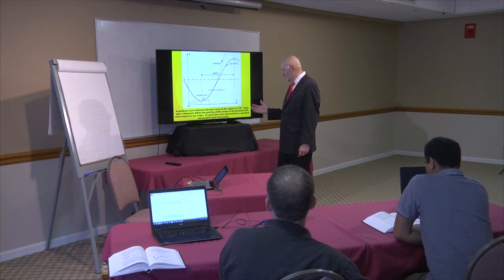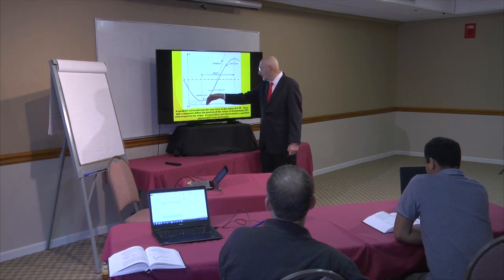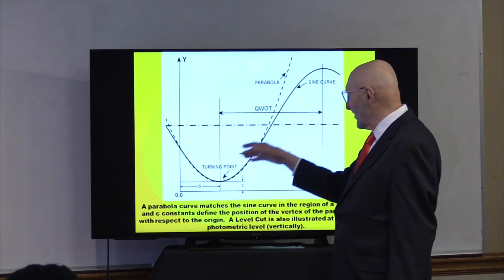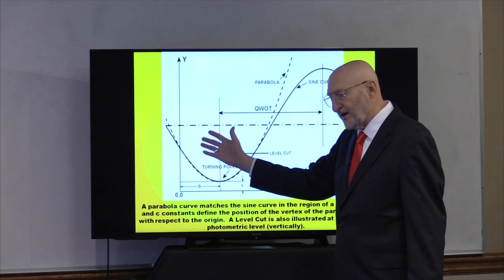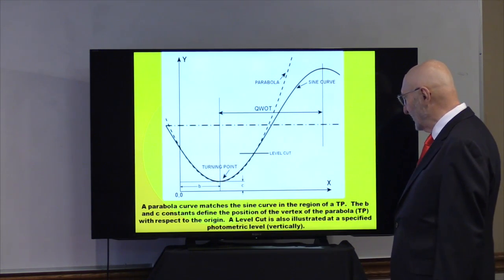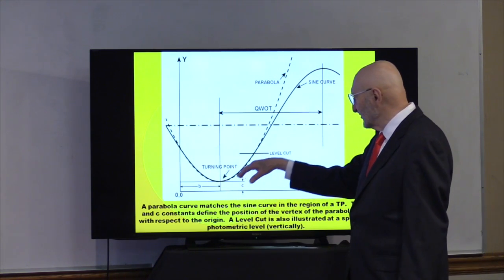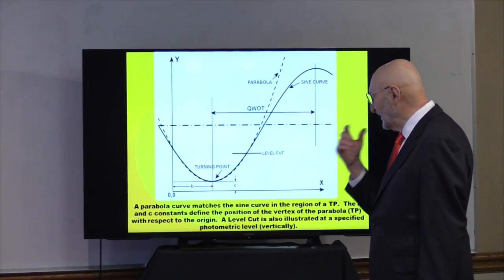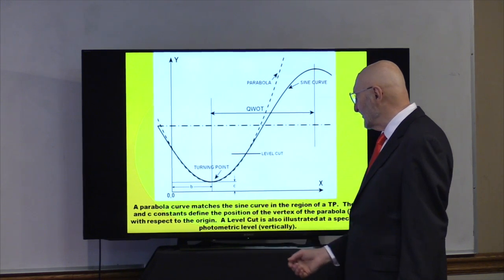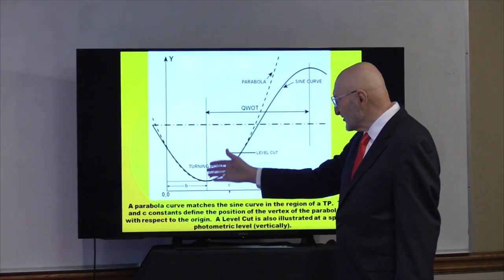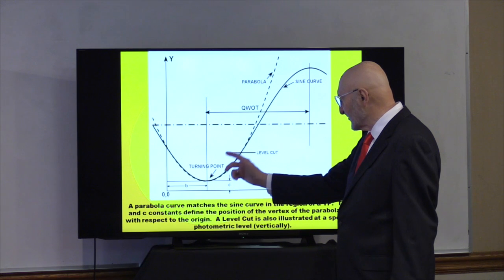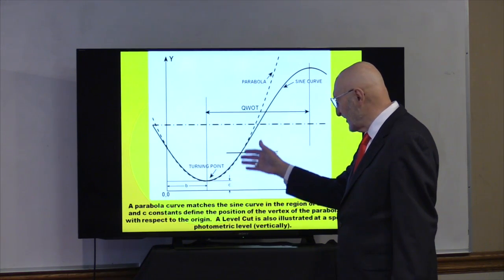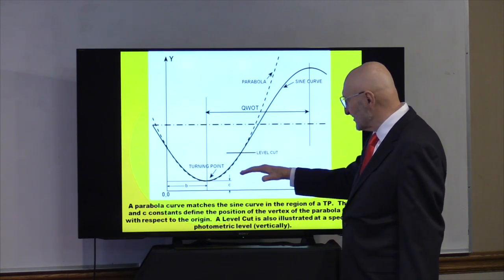The other approach is to try and match a parabola to this. And if you look at the sine curve and the parabola in a certain region here, they're virtually identical. So a turning point would be found there. If I can fit my data to the parabola, then I can find that pretty accurately. If I found a turning point, I could specify, for example, a certain distance after that, either crystal distance or optical distance.